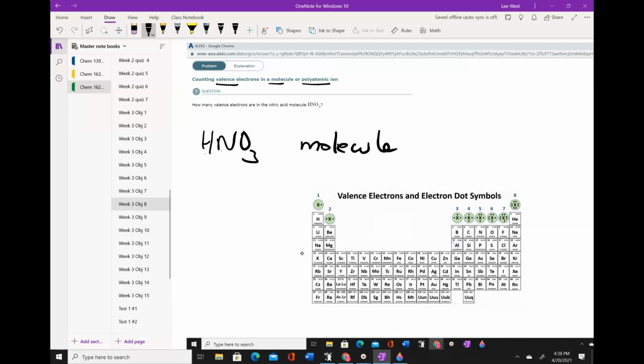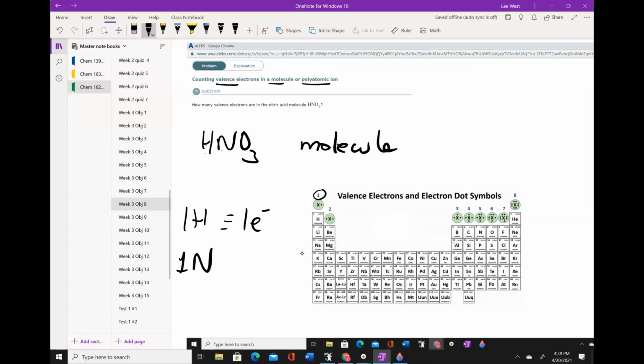Now, those atoms, hydrogen, nitrogen, and oxygen, are all representative elements. And for representative elements, the number of valence electrons is just equal to the group number, when it's given in the North American numbering scheme. So I'm just going to refer to my handy dandy little diagram here. I've got one hydrogen, and he's going to contribute one valence electron because he's in group 1A.